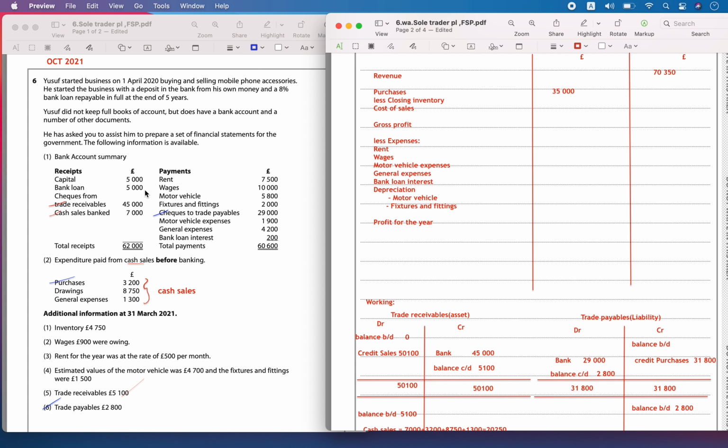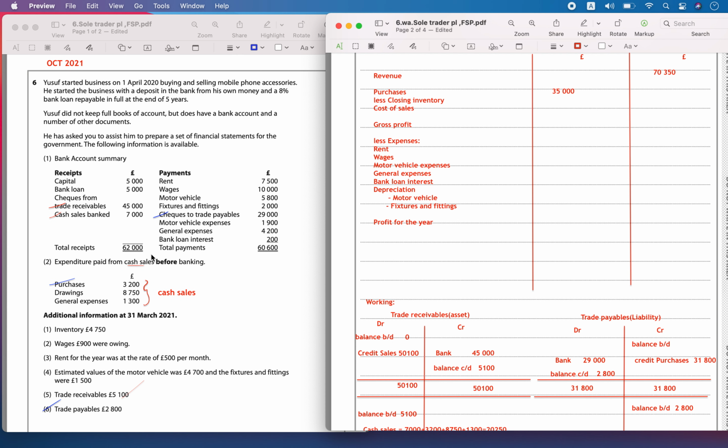And there is no information about the opening inventory anywhere. But the closing inventory was at 4,750. So we have to subtract this to get the cost of sales. So less 4,750.